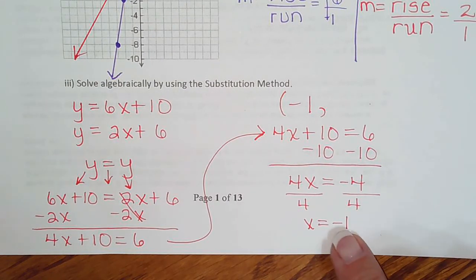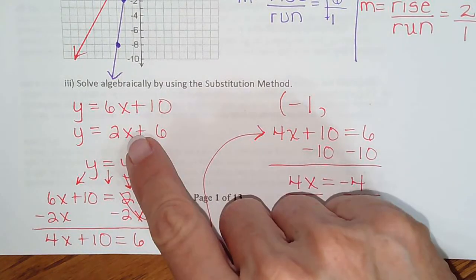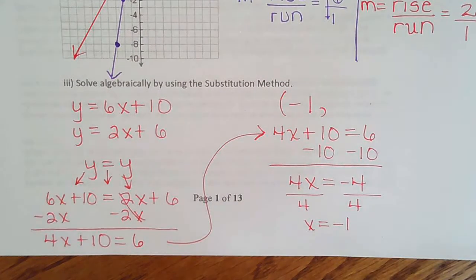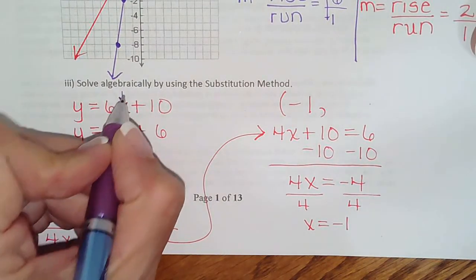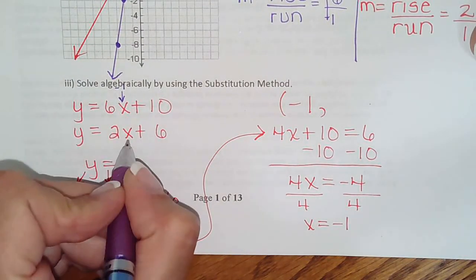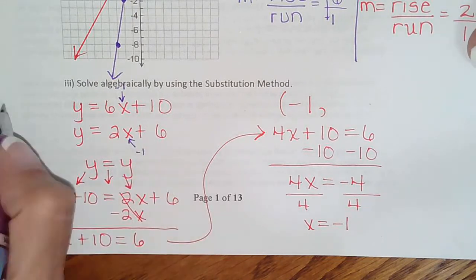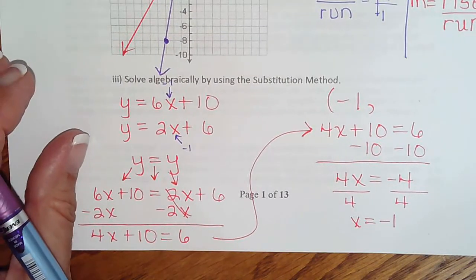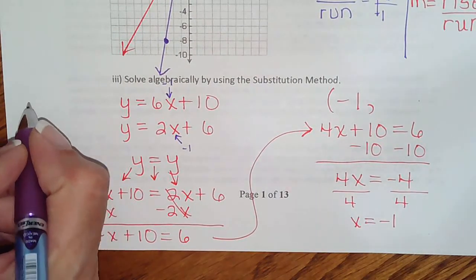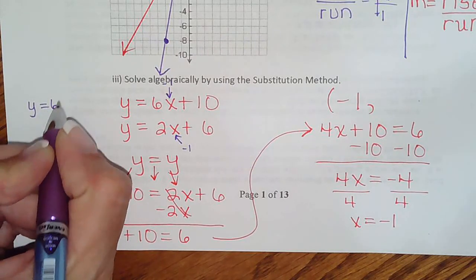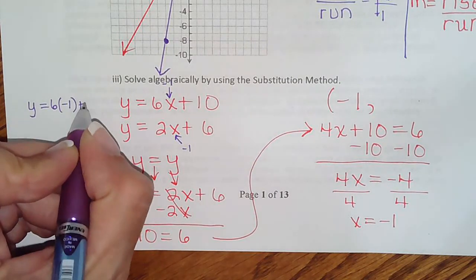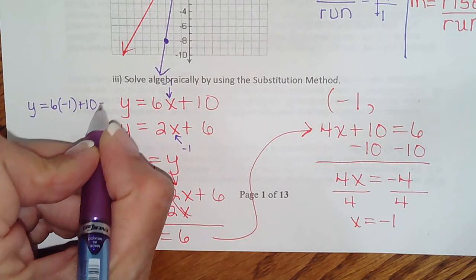X is negative 1. Remember how we said go into both of these? And then that's your check. So let's go into this one, plug negative 1, and let's go into this one and plug negative 1. So we'll get y equals 6 times negative 1 plus 10. 10 minus 6 is 4.